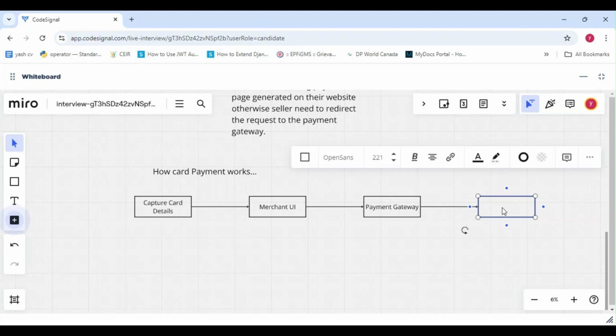From the payment gateway, we will flow to the payment processor. The payment processor is used to convert the JSON or XML message to the ISO switch format.